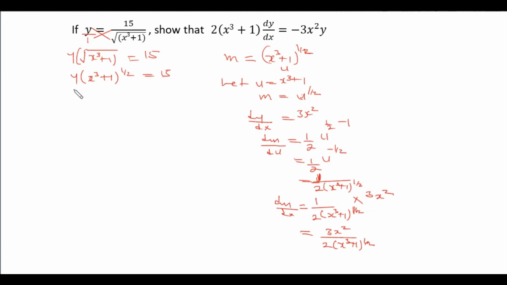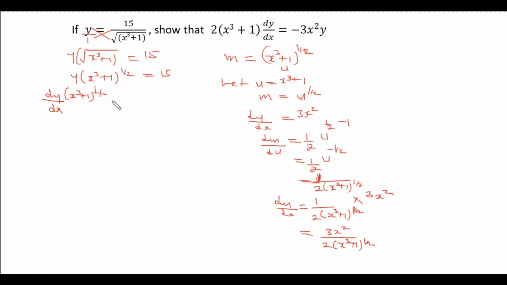We differentiate y and keep the other part. Differentiating y becomes, from the implicit rule, dy dx, and then we keep (x cubed plus 1) raised to the power half.